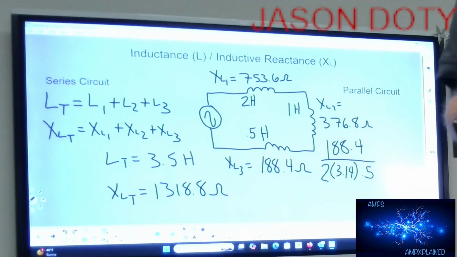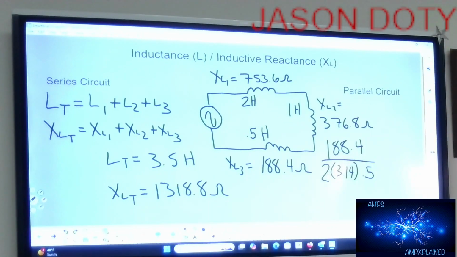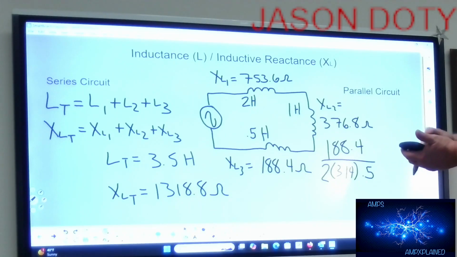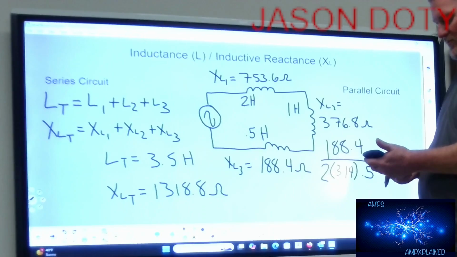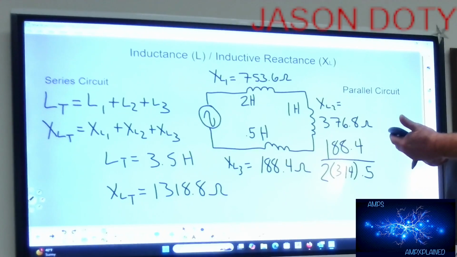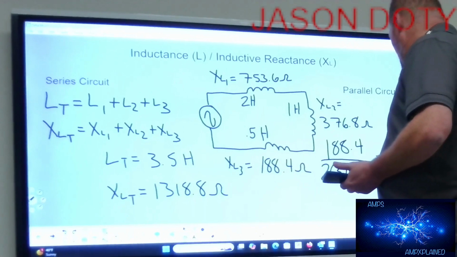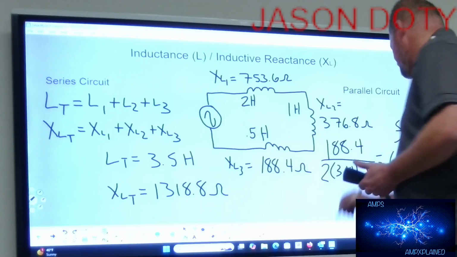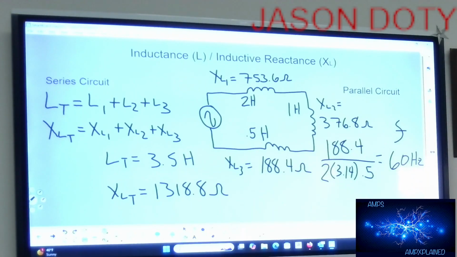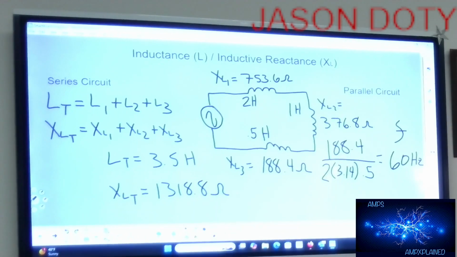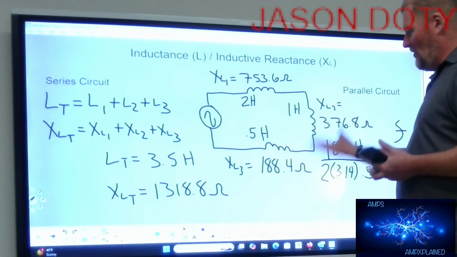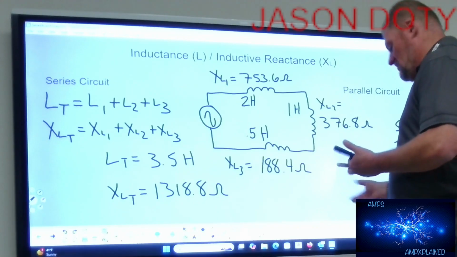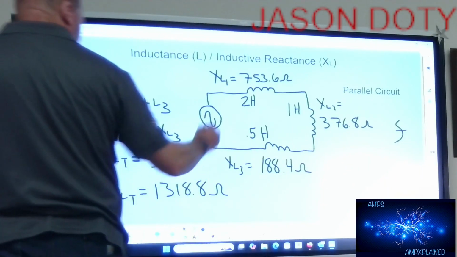So I'm going to take 188.4, divide that by parentheses, 2 times 3.14 times 0.5, hit the equal sign, and what I get is our frequency here of 60 hertz. Most common frequency in North America, 60 hertz. So now we've proven forward and backwards our numbers are good. So I have 60 hertz now. I know we're operating this circuit at 60 hertz.